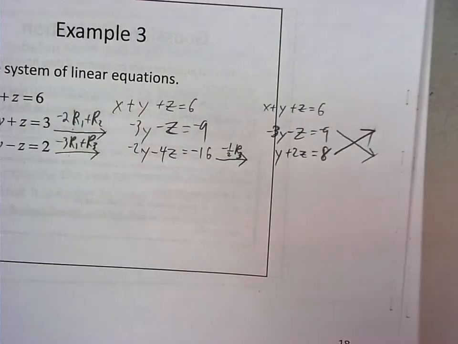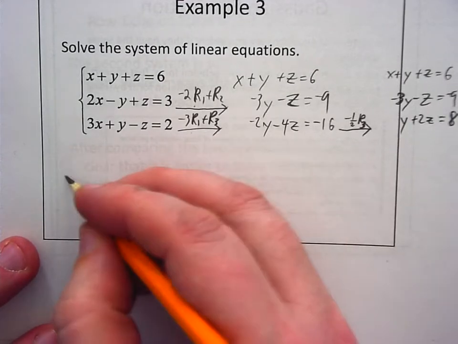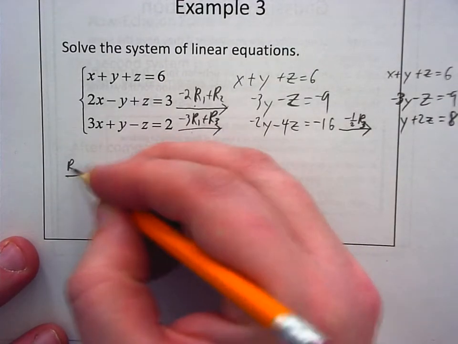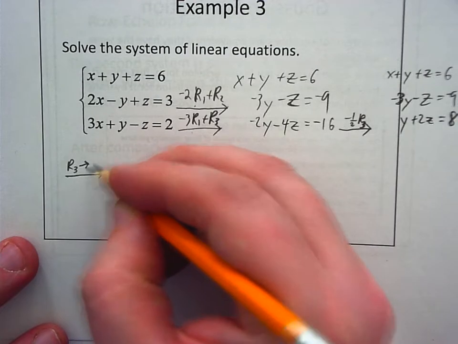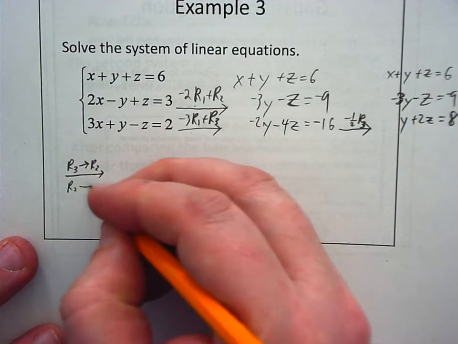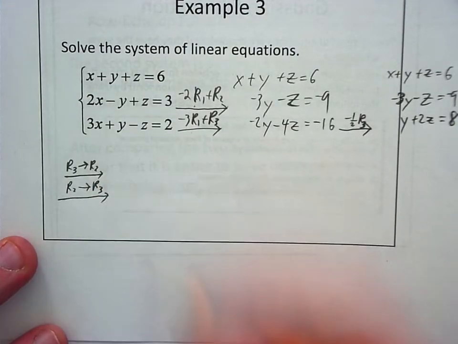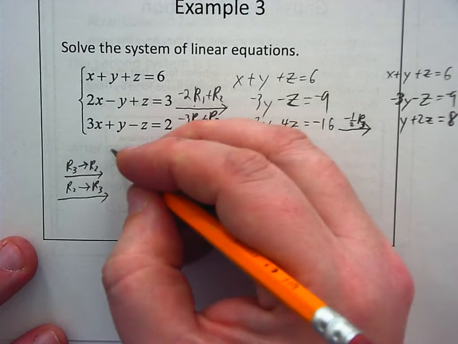Ideally, you do this on a longer sheet of paper where you could do this all out in one long row. But if I bring those down here, another way you can write this is I'm going to send row 3 to row 2. And I'm going to send row 2 to row 3. So you'll see it written that way sometimes too. Row 1 I'm just going to leave the same.